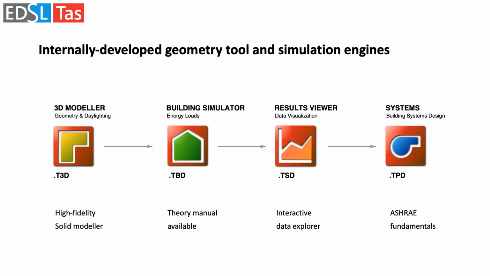You can build up schematics for whatever you like on the air side and the water side, or refrigerants, VRF, and customize that as needed to do the HVAC whole building simulation to calculate the overall energy, EUIs, cost, and CO2 emissions for the building.